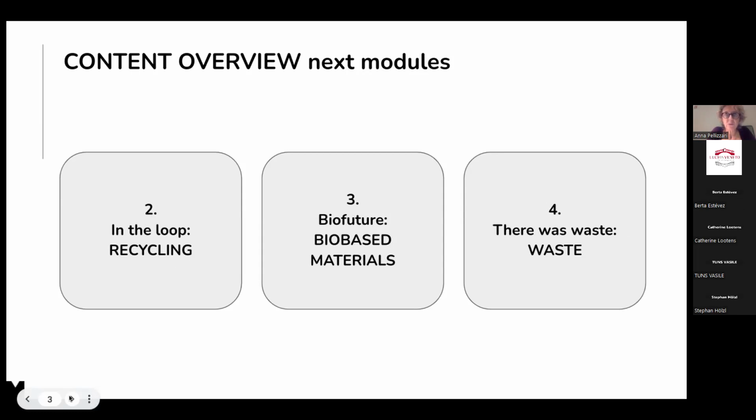So I was saying the course is organized into 4 modules. The first, which is the one we are having today, is the more general and, let's say, theoretical one.